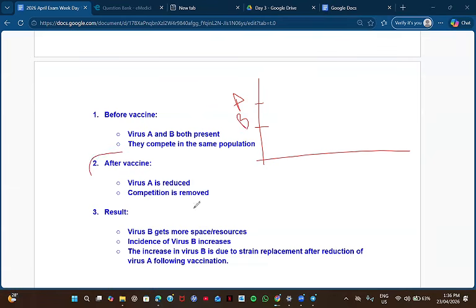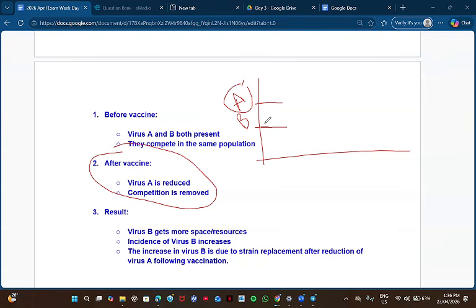Then after vaccination, there's a vaccination against A. After vaccination, they are in the environment like this. Both compete with each other, but before the vaccine both have the same scenario, right? Because nothing affects them, there's no vaccination like that.